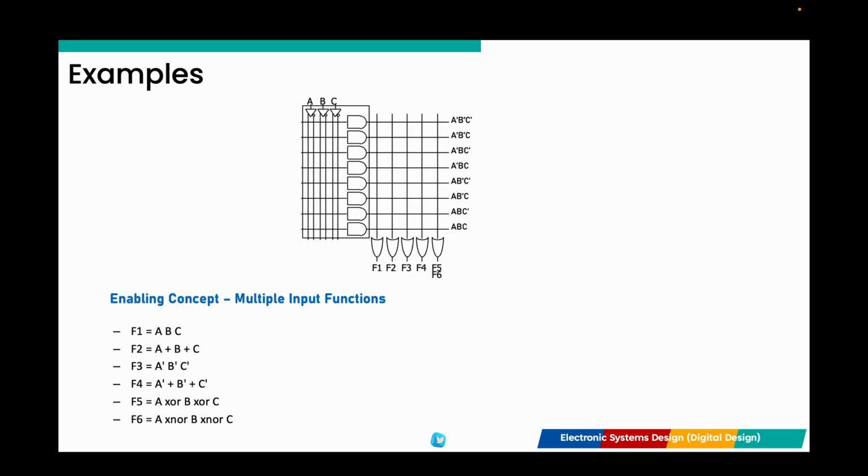Here, the PLA allows us to generate different combinations of input in the AND gate and then combine them in the OR plane. However, you will notice something important. Some functions are simple, like the AND and OR. Some are more complex, like exclusive OR and exclusive NOR.